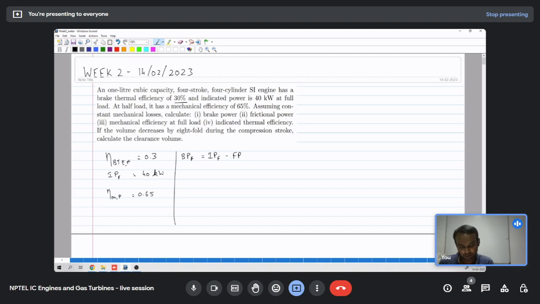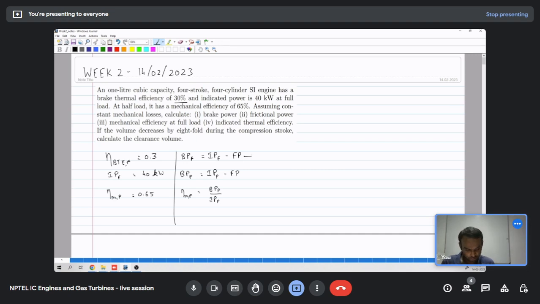Since they have said that assuming constant mechanical losses, that means friction power at full load and part load will be the same. Now brake power at part load is equal to indicated power at part load minus friction power. And based on the mechanical efficiency relation at part load, this is brake power at part load divided by indicated power at part load.